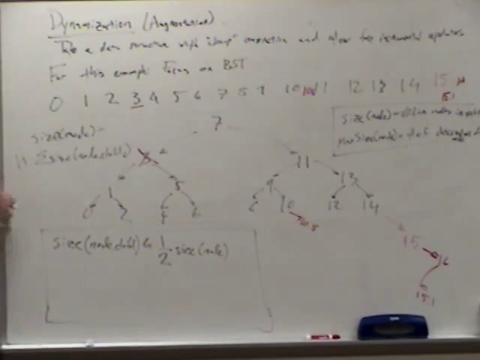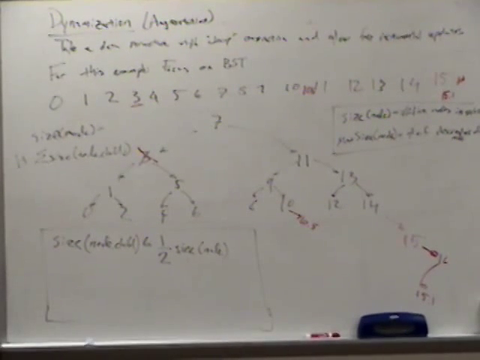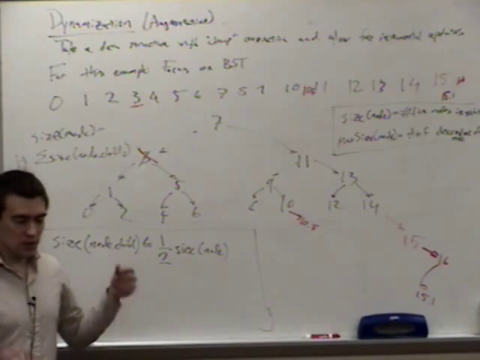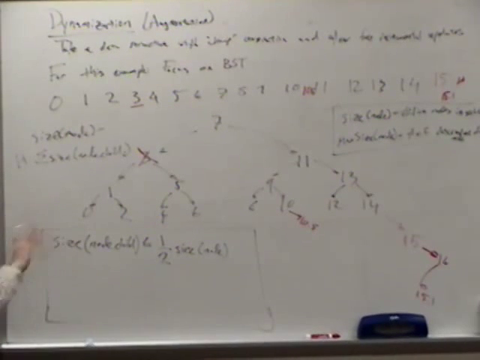So if you sum up all of the children's sizes and add 1, then you get the size of the node. Here, I guess we're only worrying about the case where we have 2 children, right? So it would just be 1/2 of that. So by the pigeonhole principle, these 2 nodes have to be the same size, right? They can at most have plus minus 1 difference in their size.